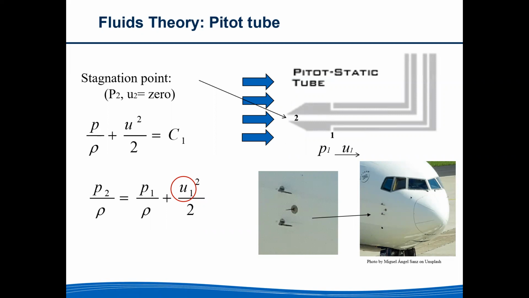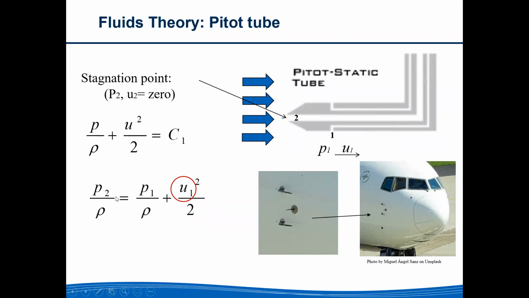What this essentially means, if we now use the Bernoulli equation, is that the total energy is the same. So the energy of the fluid at point 2 will be equal to the energy at point 1: P over rho plus U squared over 2 is equal to a constant. At point 2, the velocity will become 0.